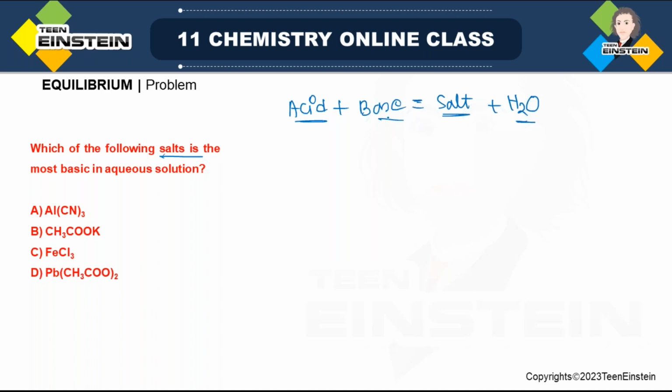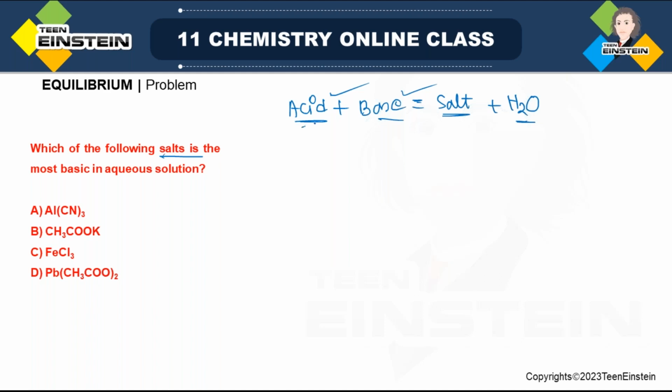Depending on whether the acid or base is strong, you can decide the ultimate nature of the aqueous solution, whether it will be basic or acidic.